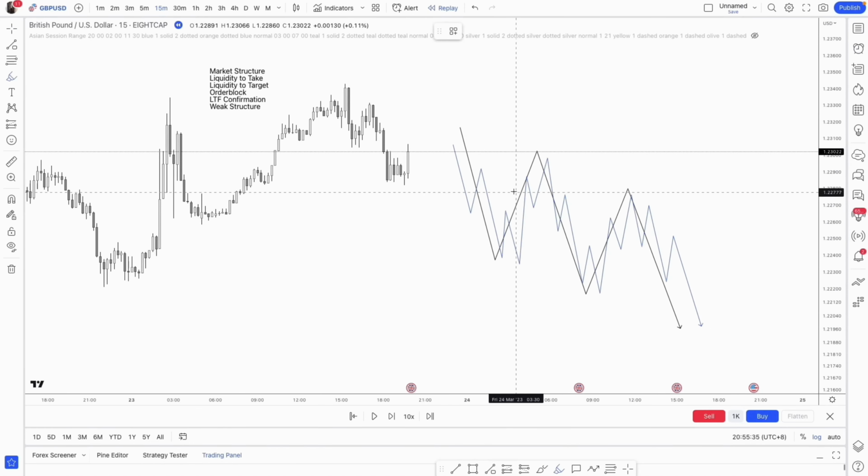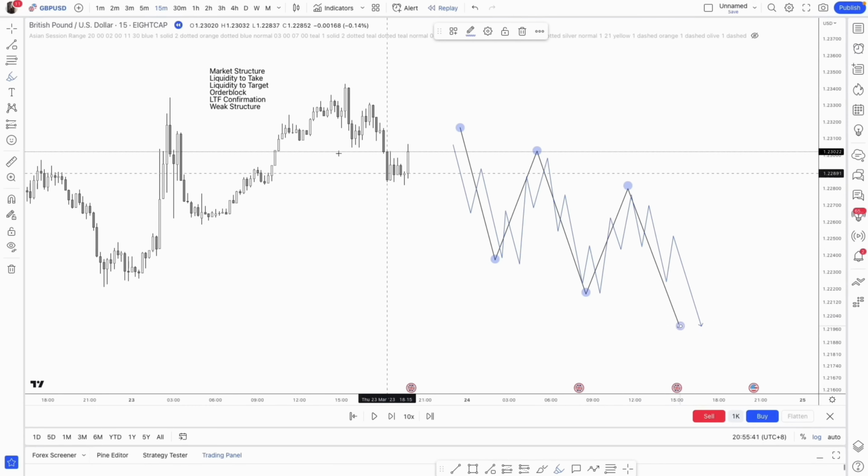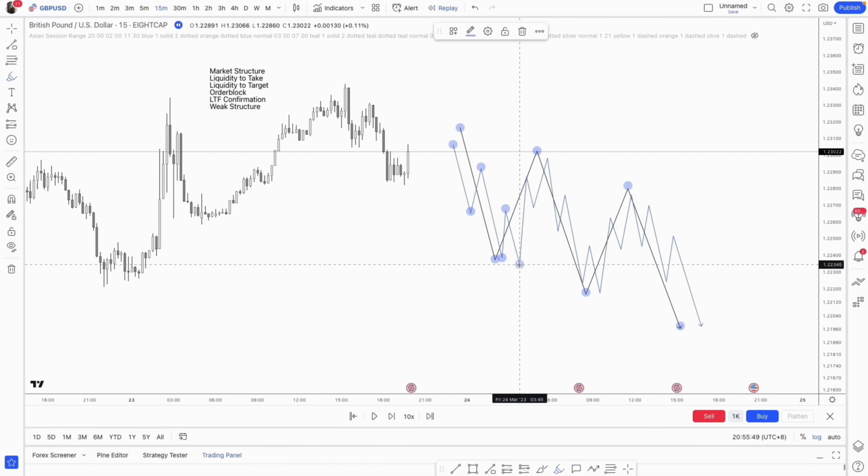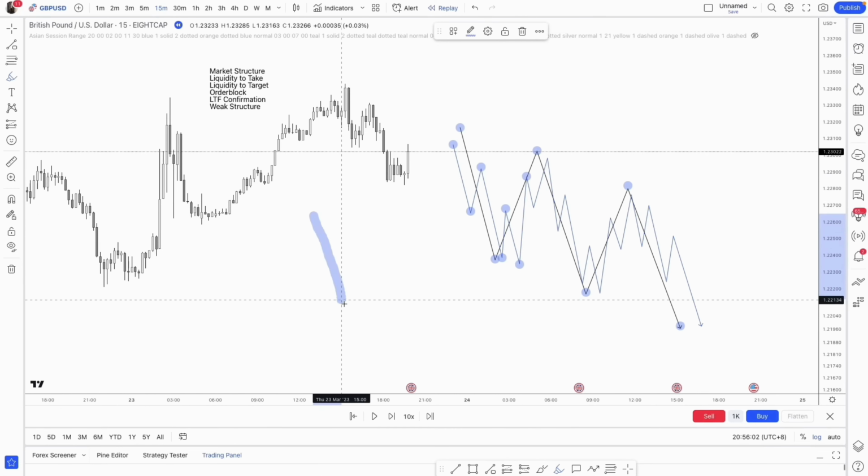So in black, we have our higher time frame, and we know that price is bearish, as we can see right here. But in blue right here, we can see that price is bearish right here, bearish, and then price shifts bullish. Now, when the lower time frame market structure shifts bullish, when the higher time frame market structure is bearish, that simply means that market structure is coming for a pullback.